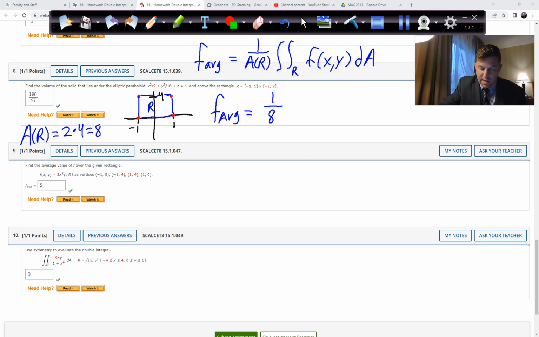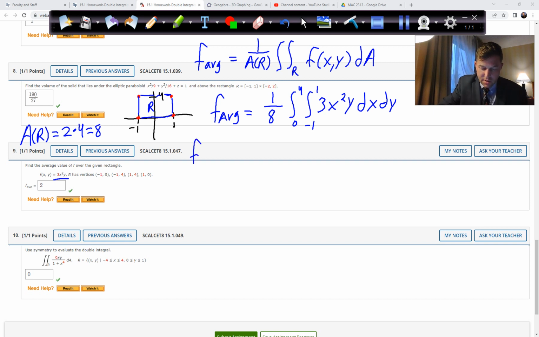So the area is 8. And let's do dy dx again. And so we have the y's go from 0 to 4, and the x's go from minus 1 to 1. And the function they gave us was 3x squared y. I said let's do x first, then y. Actually, it doesn't matter, but that's just the way I chose.